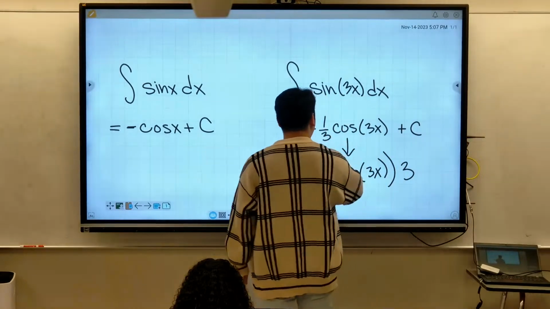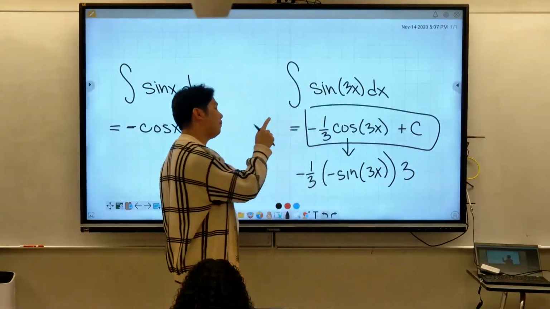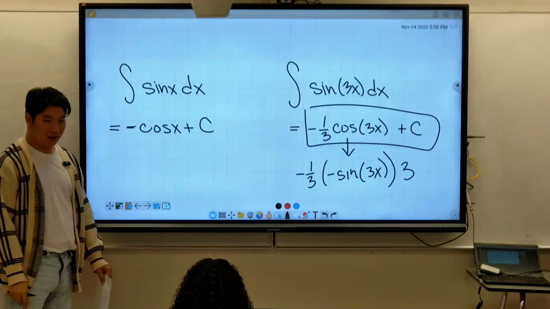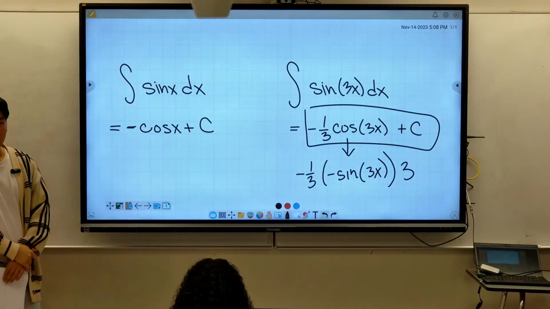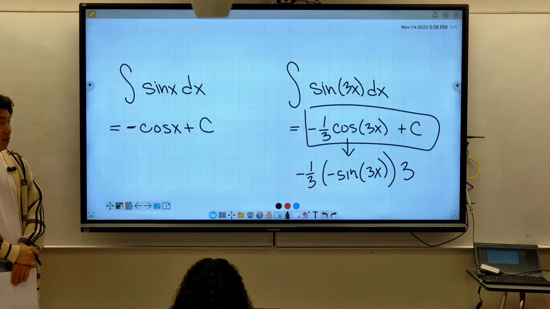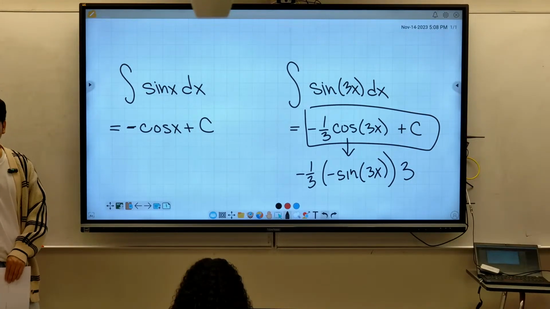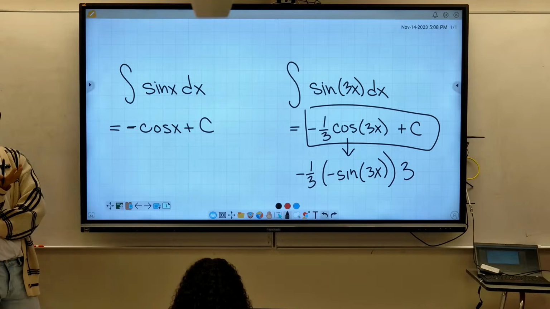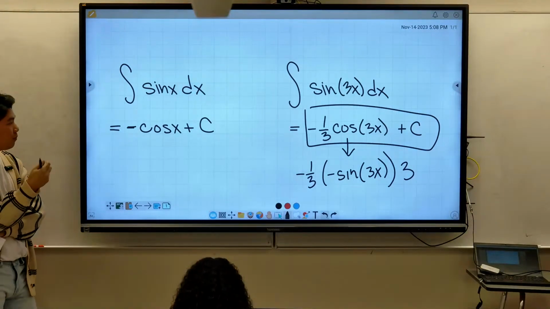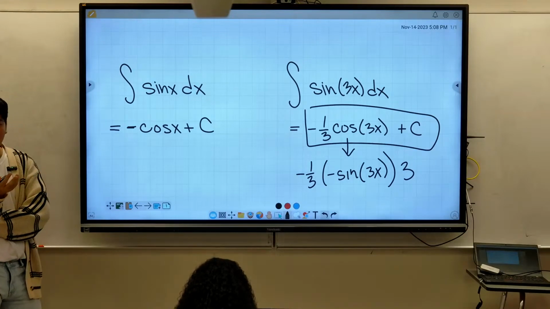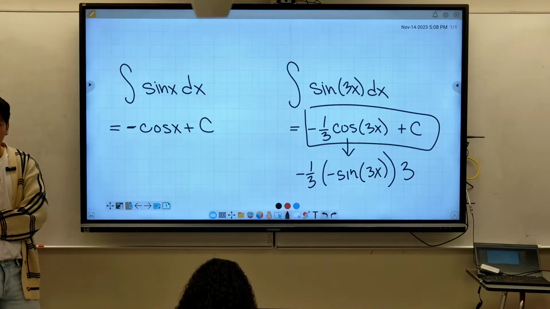So I know that this is actually the antiderivative of sine of 3x. So that wasn't too bad because really I had to adjust my constant up front. But what if I had more complicated stuff? How can I handle, what if I had, like, for example, I don't know, x sine of 3x squared or something like that?